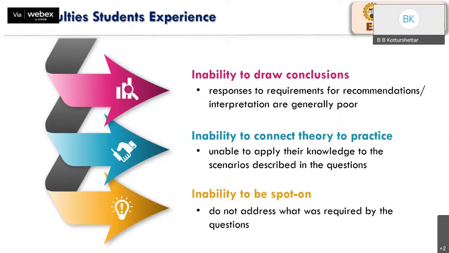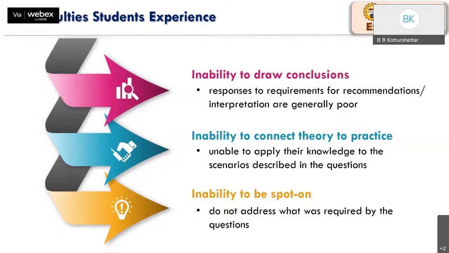Also, inability to be spot on. Students, we observe that they find it difficult to give the answers or come up with the solutions they are expected to. If we expect them to solve a problem, many a time we see them coming up with the stages for solving a problem.